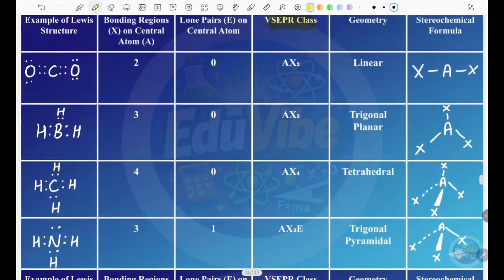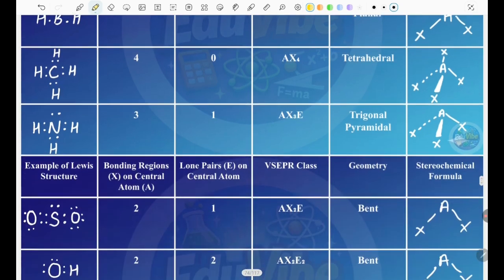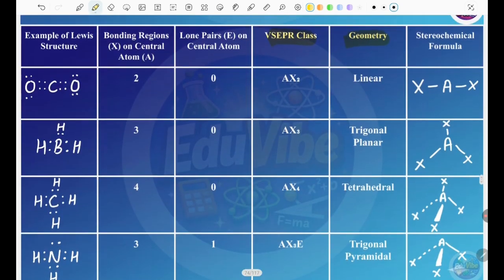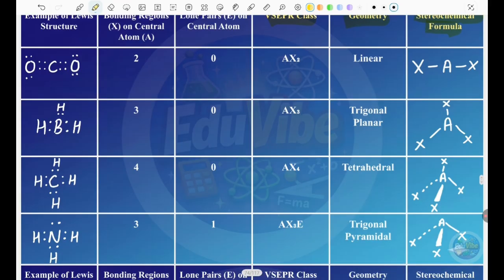Then we have the geometry, meaning what type of shape they have: linear, triangular, pyramidal, tetrahedral, and so on. The main stereochemical formula is what VSEPR theory denotes by these types of notation.